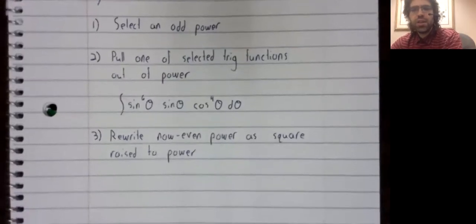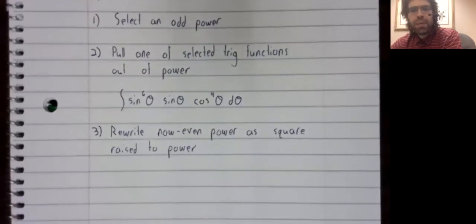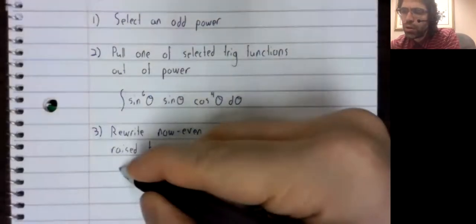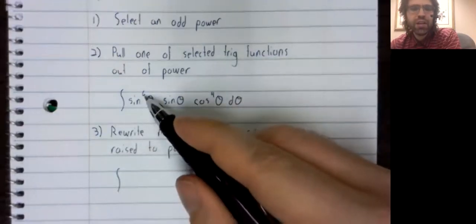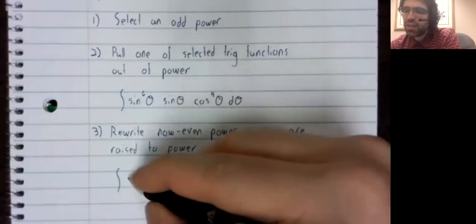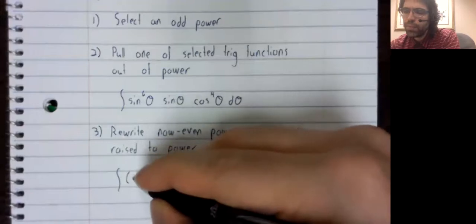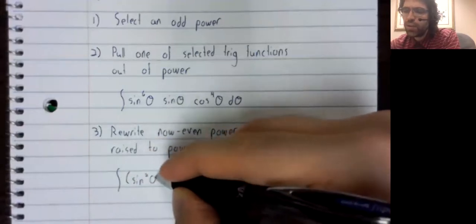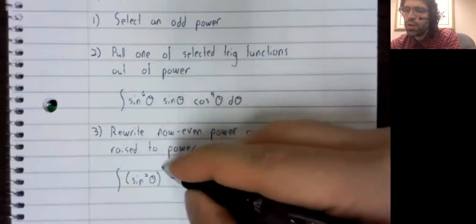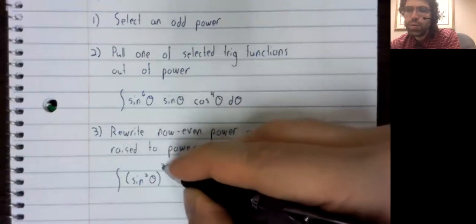Step 3. Rewrite the now even power as a square raised to some other power. So the sine raised to the sixth power is the sine squared cubed.